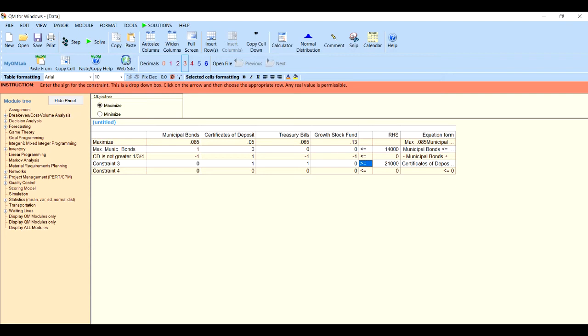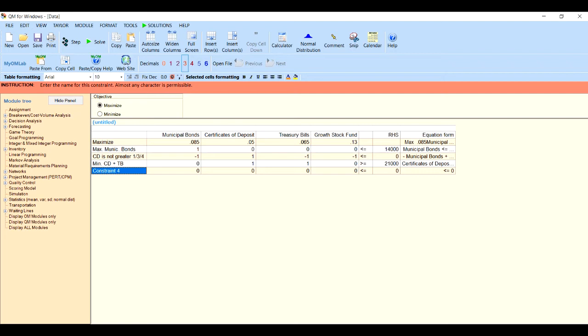So now we have these 70,000. Because we're using QM, we can quite simply use the solve function. So we hit solve. Let's expand our window a little bit. And what we've shown here is that we're going to invest nothing in municipal bonds.